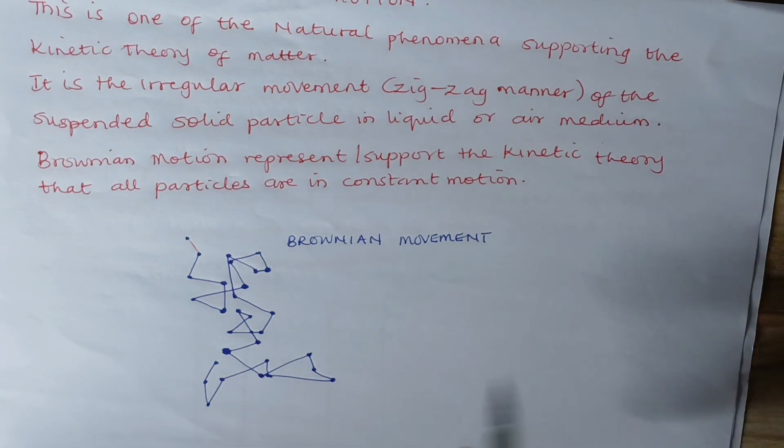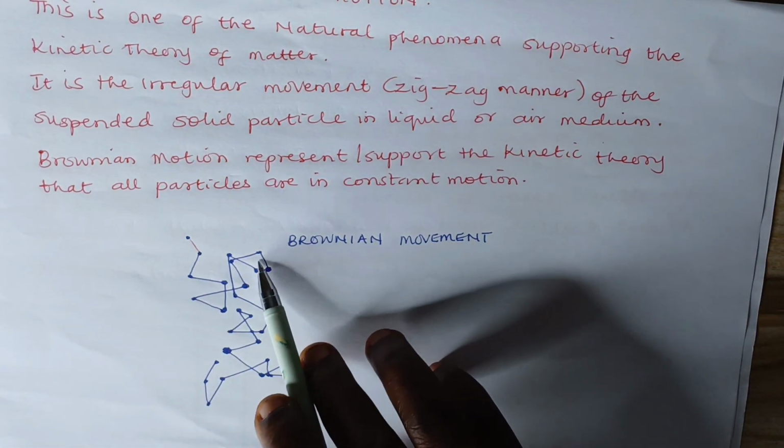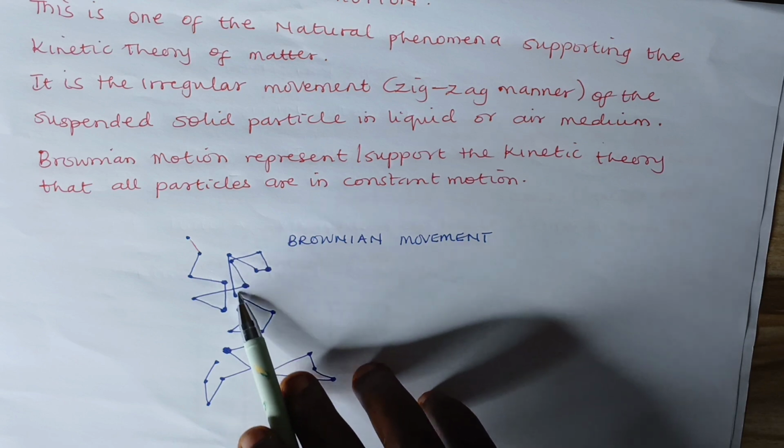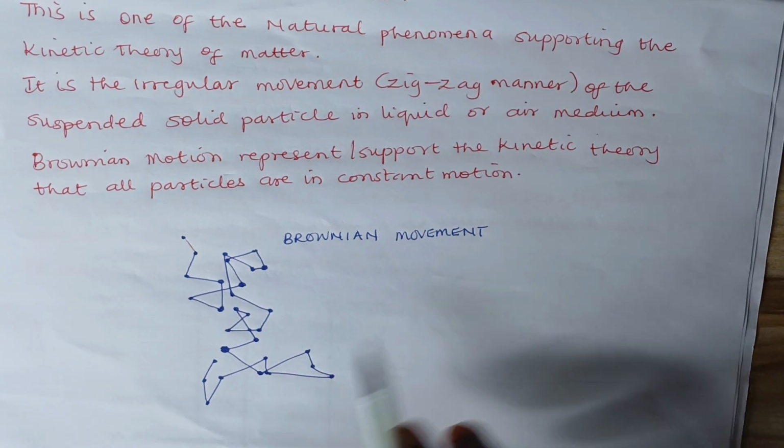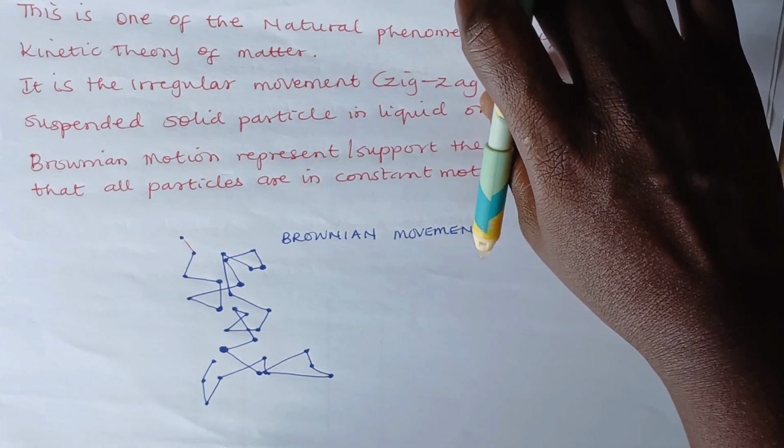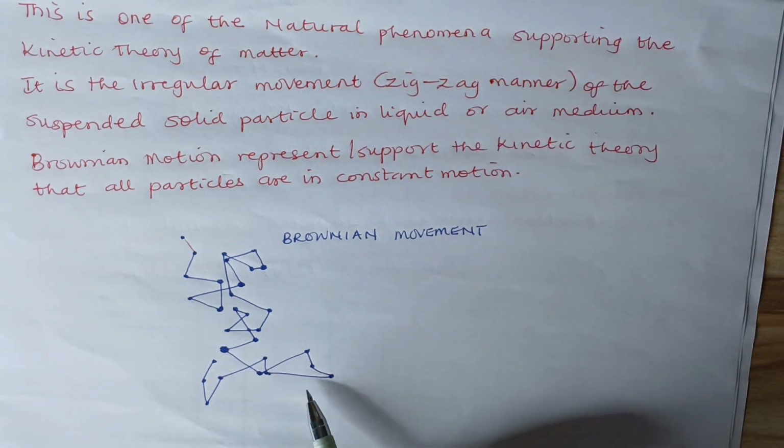This is the irregular movement we can see, the particles moving about in a zigzag manner in the air, and that supports Brownian motion.